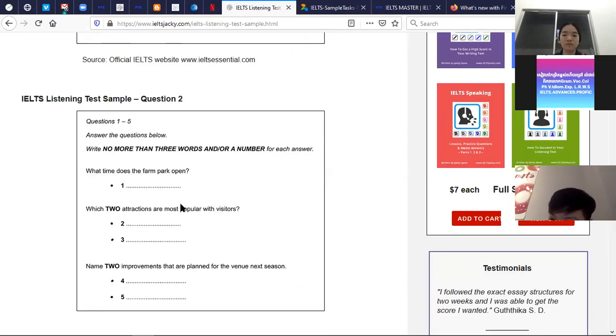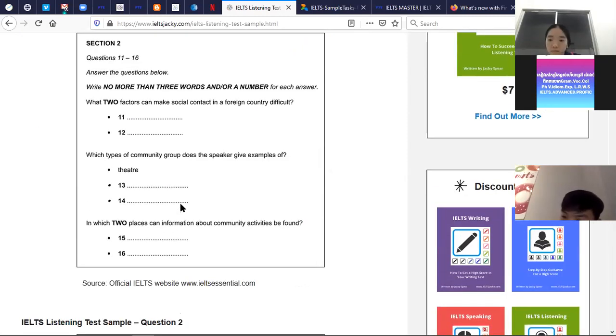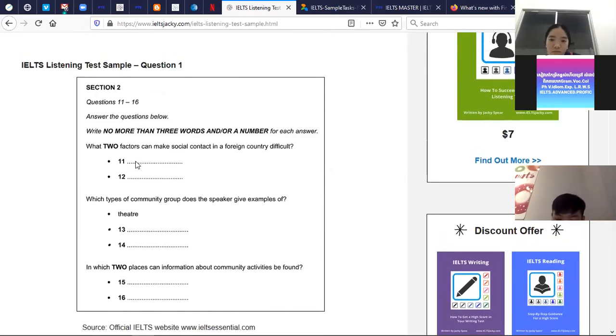Same thing right here. No more than 3 words and or a number. Like here, we have 11 and 12. They have 2 factors and the instruction says no more than 3 words and or a number.